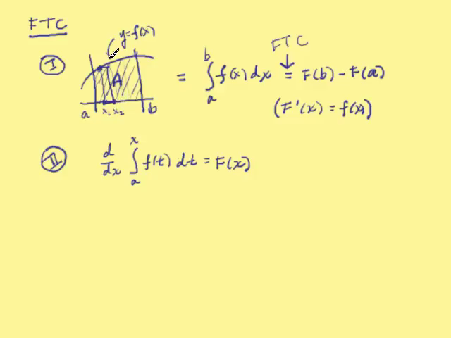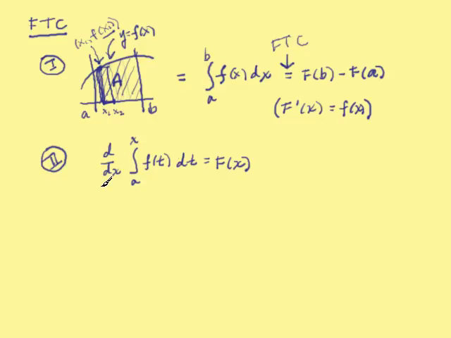So this point right here is x1, f of x1, because the top of that rectangle hits the curve. So this line over here has length f of x1. So the rectangle has area f of x1 times x2 minus x1.